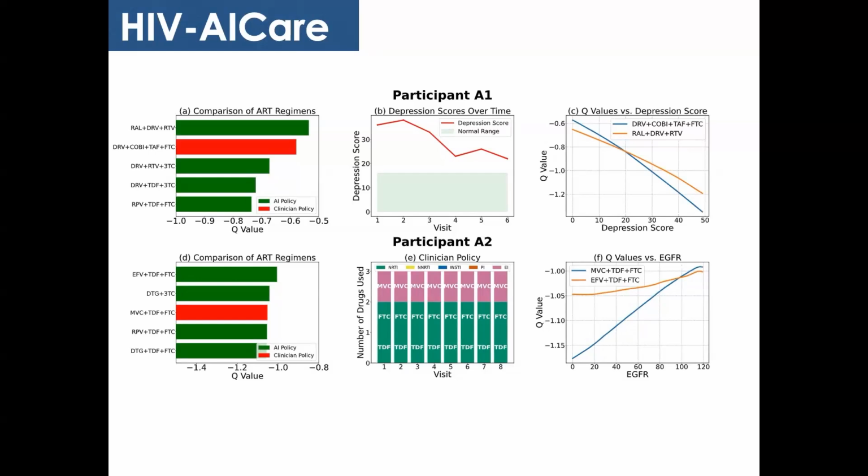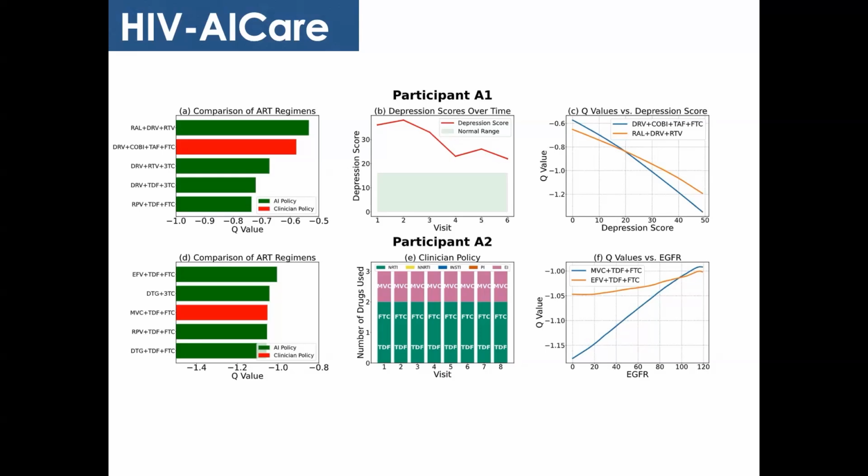If we plot the Q value versus the depression score, for people with less depression the clinician policy is actually good. However, for highly depressed people, you see this cross: our recommended regimen is better for their mental health.